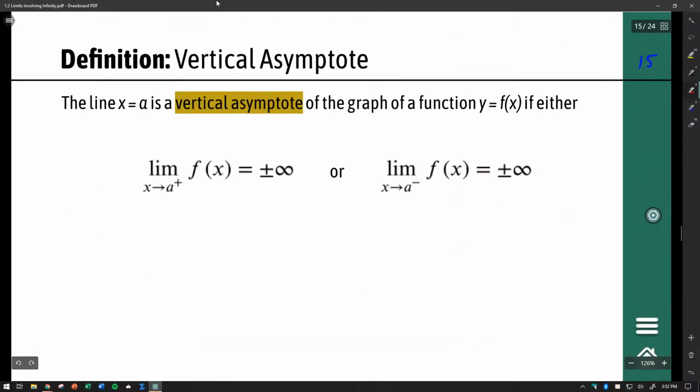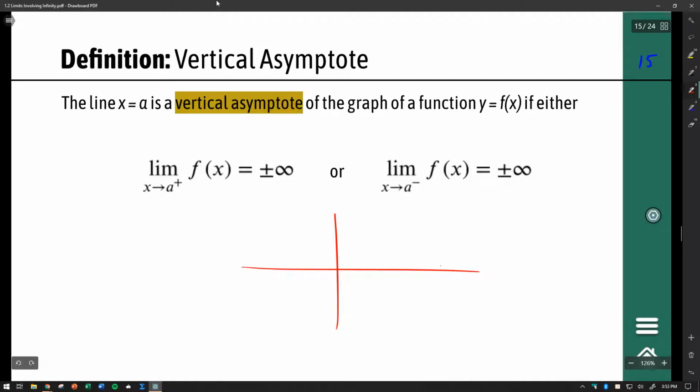Okay, the definition then. The line x equals a is a vertical asymptote of the graph of a function y equals f of x if either the limit as x goes to a from the right of f of x is infinity or negative infinity, or the limit as x goes to a from the left of f of x is infinity or negative infinity.